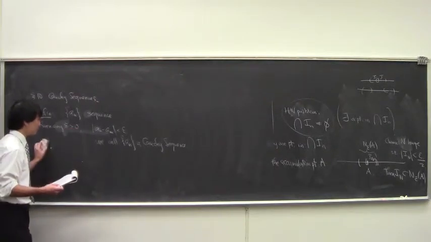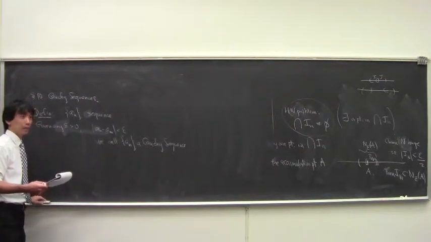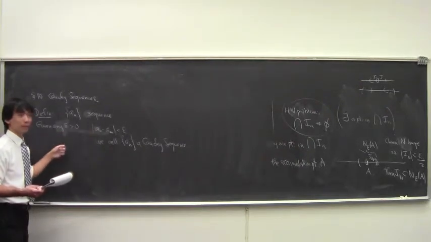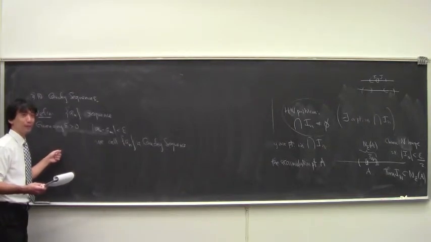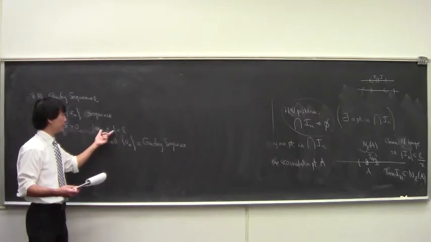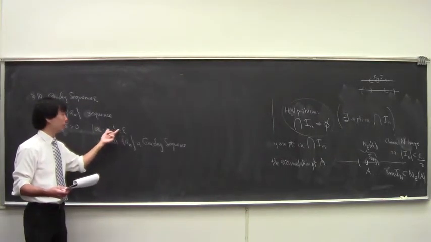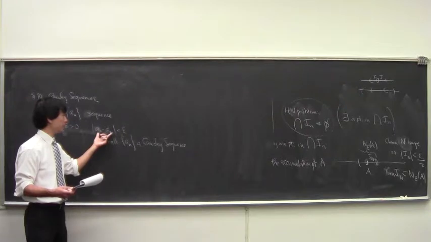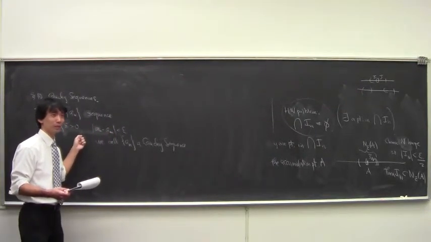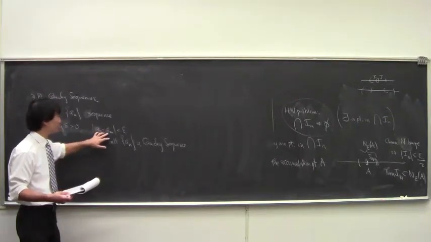Can anyone add the missing phrase here? Because this would cause your sequence to be actually only a single point. If you said given any epsilon, any m and n are within epsilon of each other, well then any a sub n and a sub m would have to be exactly the same point, and that would mean your sequence is a single point, which is not what you want.